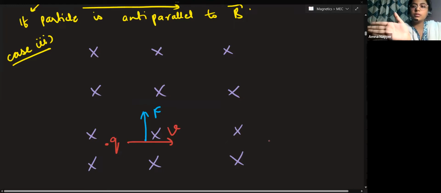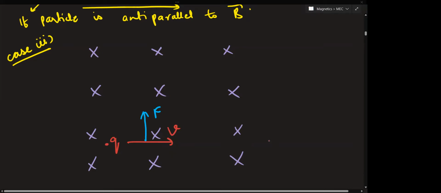Curling was possible only if the fingers are kept like this. My palm is pointing towards the screen and the fingers are getting curled. So thumb gives the direction of magnetic force. Thumb is pointing upwards, so force was upwards. Now clear, Atif? Yes, teacher. Okay, it will get clearer.